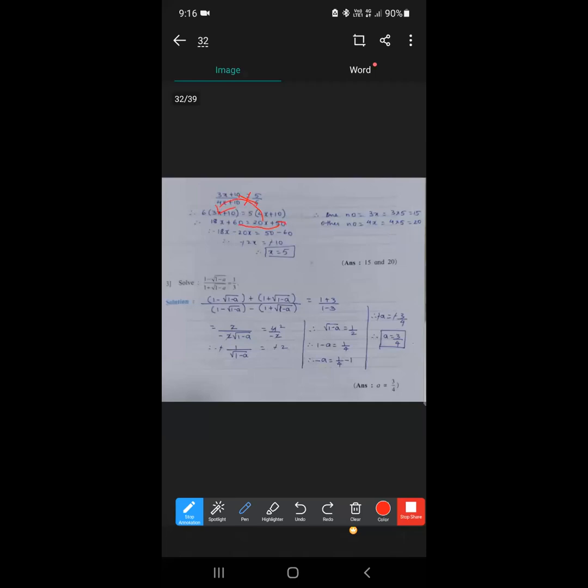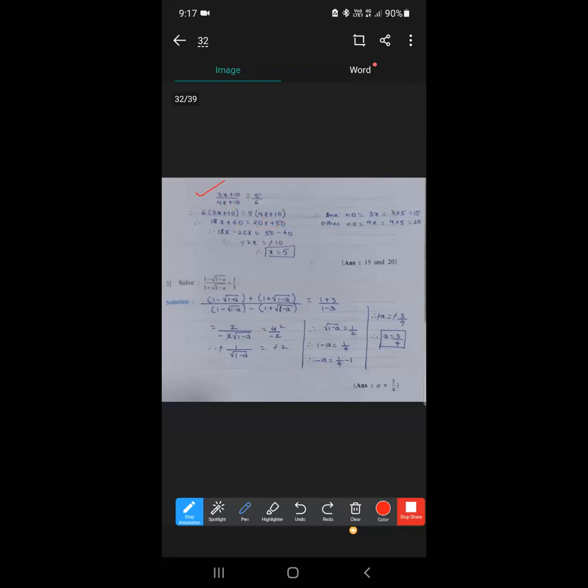So 18x minus 20x is minus 2x, equal to 50 minus 60, which is minus 10. Minus sign is there on both sides, so it gets cancelled. So x is equal to 5. Now this x equal to 5 is the constant term which we have multiplied in the numerator as well as in the denominator.